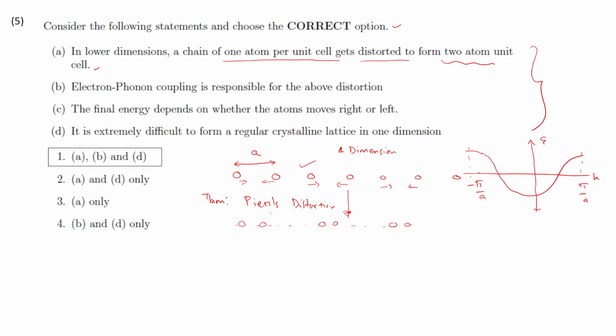Now you see that this will have a periodicity of 2a, and its Brillouin zone will now be pi by 2a after distortion, because now 2a is the lattice spacing.